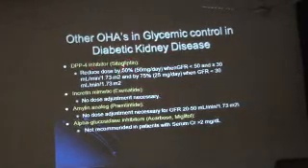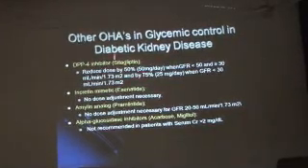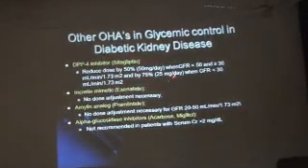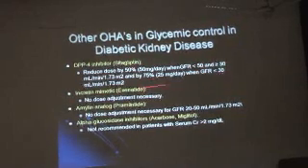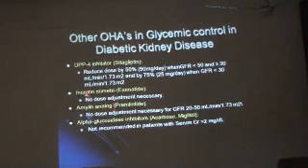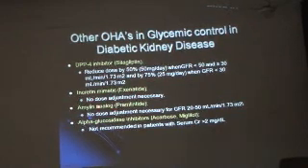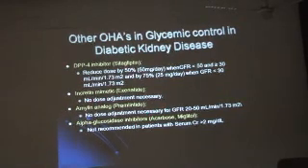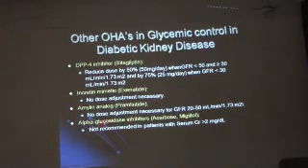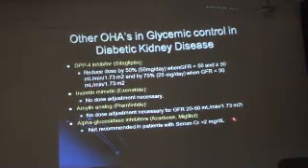Other OHAs, like the newer DPP4 inhibitors: reduce the dose by 50% when the GFR is less than 50, and by 75% when the GFR is less than 30. We do not have enough data with some of the newer agents, but no dose adjustment is necessary as far as preliminary data show. Alpha-glucosidase inhibitors are not recommended.